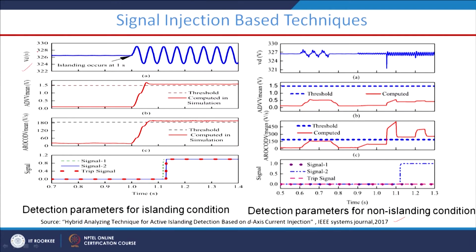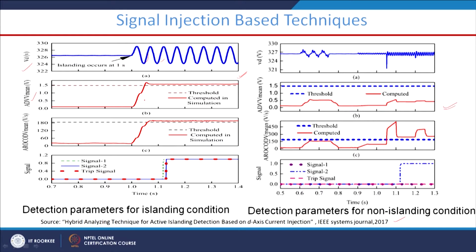Now, if you see the first figure, that is Vd, in volts. The left side figure is for the islanding situation and the right side figure is for the non-islanding situation. This is a variation of Vd, and you can see it oscillates with a certain frequency. The corresponding first feature is AdVb mean, and the dotted line is the threshold.